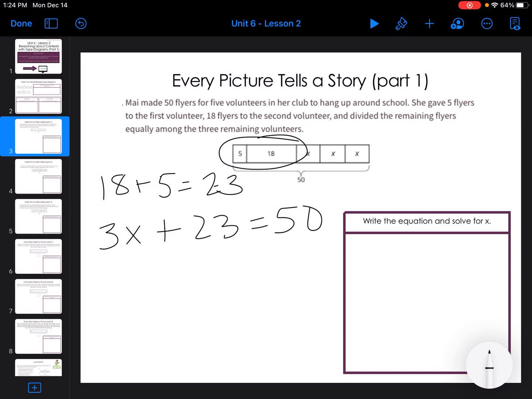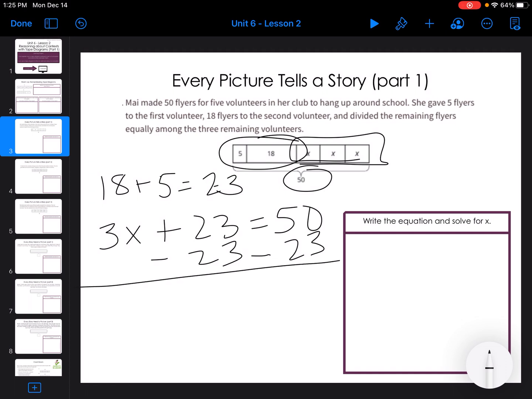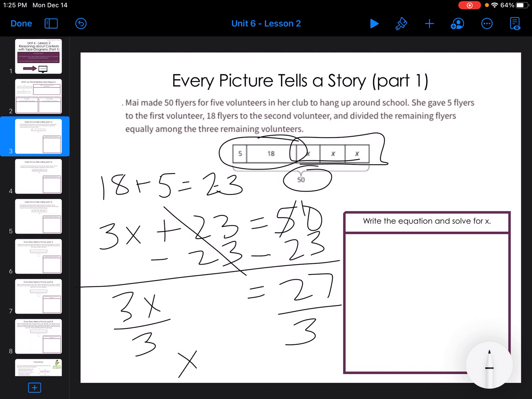So I have to take the 23 away from the 50 to figure out what's left for these kids. So I'm going to subtract 23 on each side because I want to use the opposite. I want to zero that out. So I'm left with 27 equals 3x. And then I'm going to divide by 3, and I end up with x equals 9.